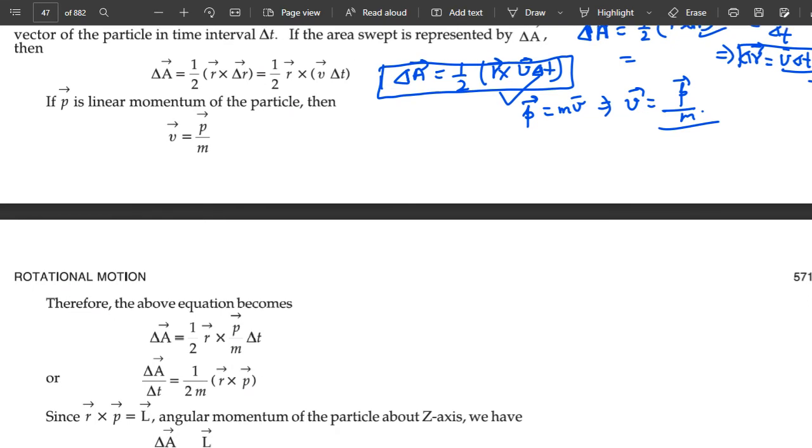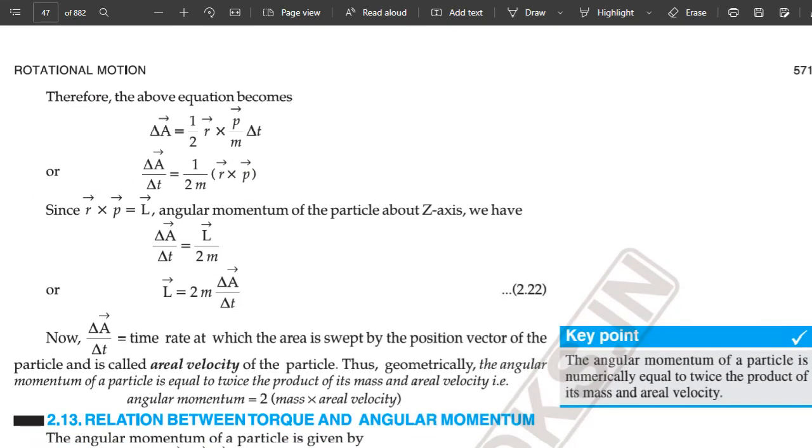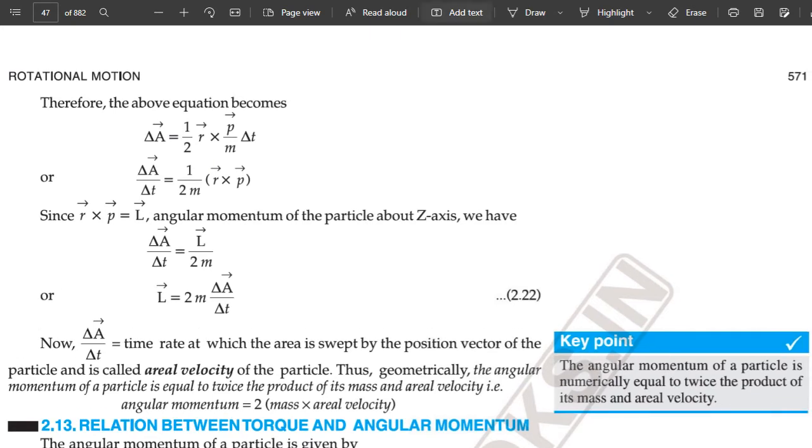Since delta A is half r cross v delta t, now we put v is equal to p upon m. Therefore, half r cross p upon m delta t.